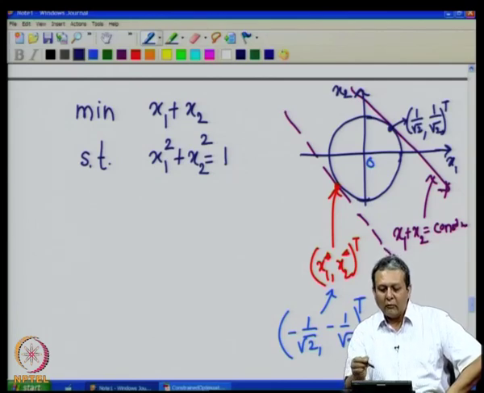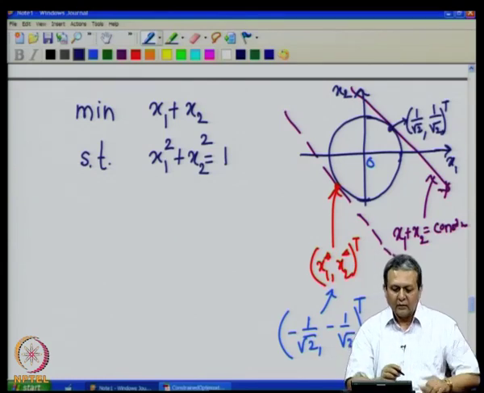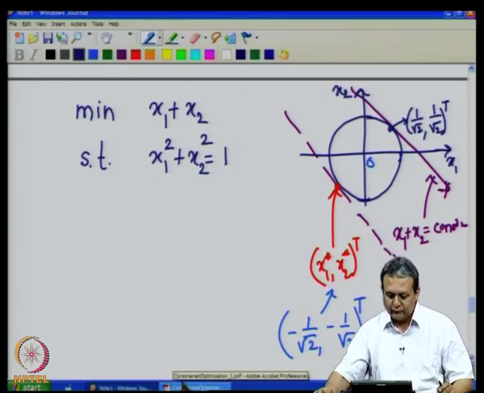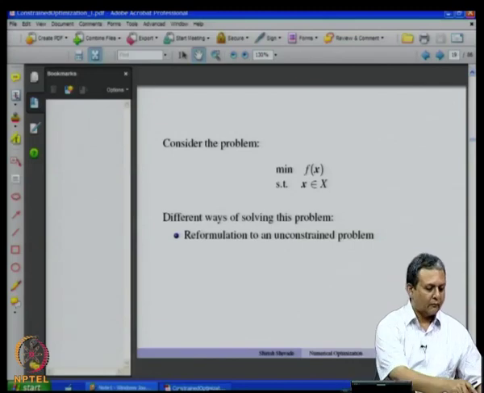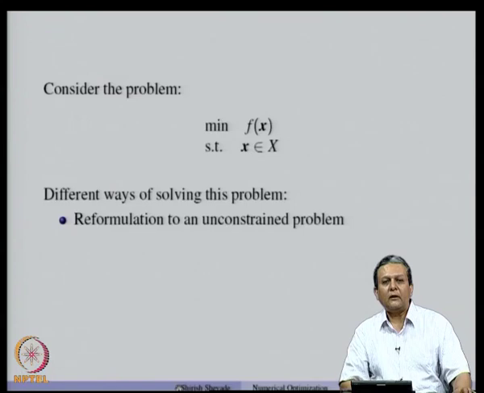So, whenever we do any transformation of a constraint optimization problem to an unconstrained optimization problem, we have to be very careful. The reformulation to an unconstrained problem is always possible, but that needs to be done with some care.